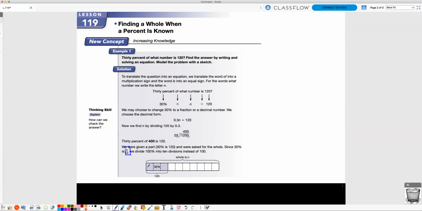Each 10% part is equal to 40. But that's not the question it's asking. It's asking, what is the number when you have 30% of that number equaling 120?